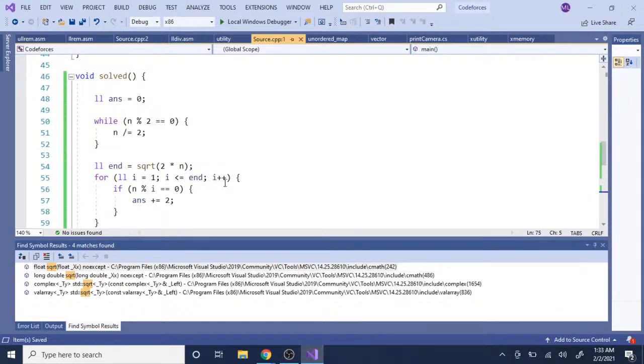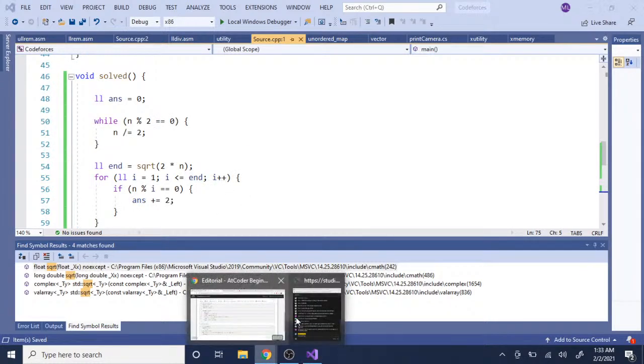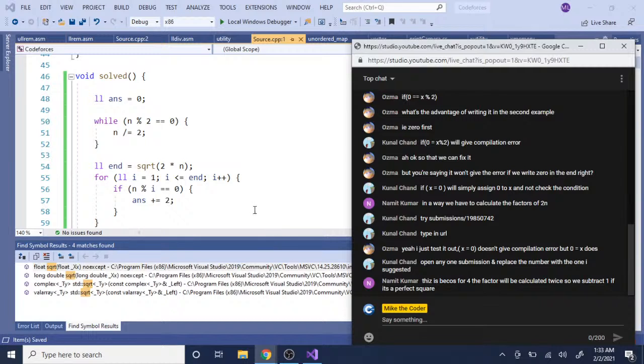But that's right though. Square root of 2n. It is because the factor will be calculated twice, so we subtract 1 if it's a perfect square.